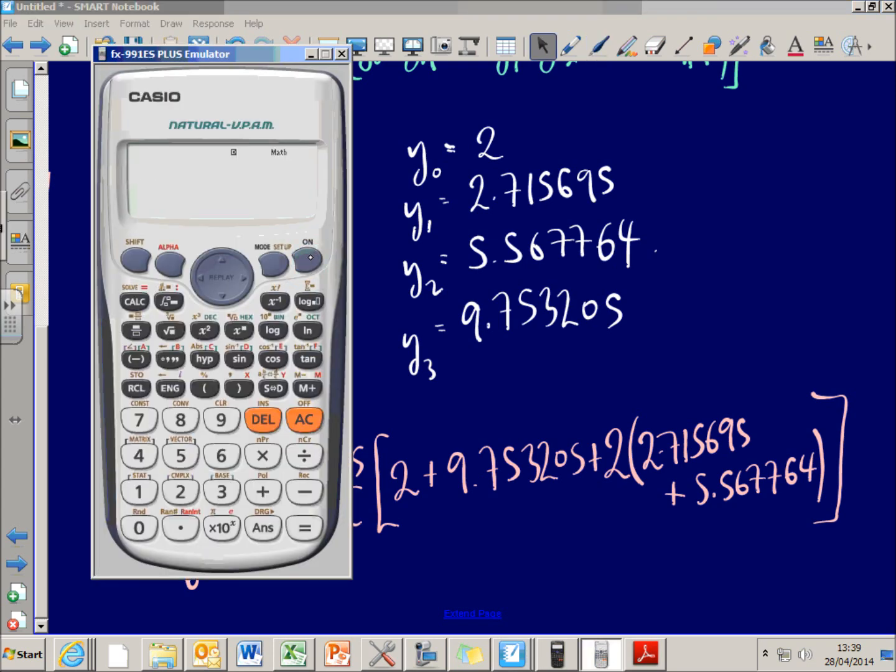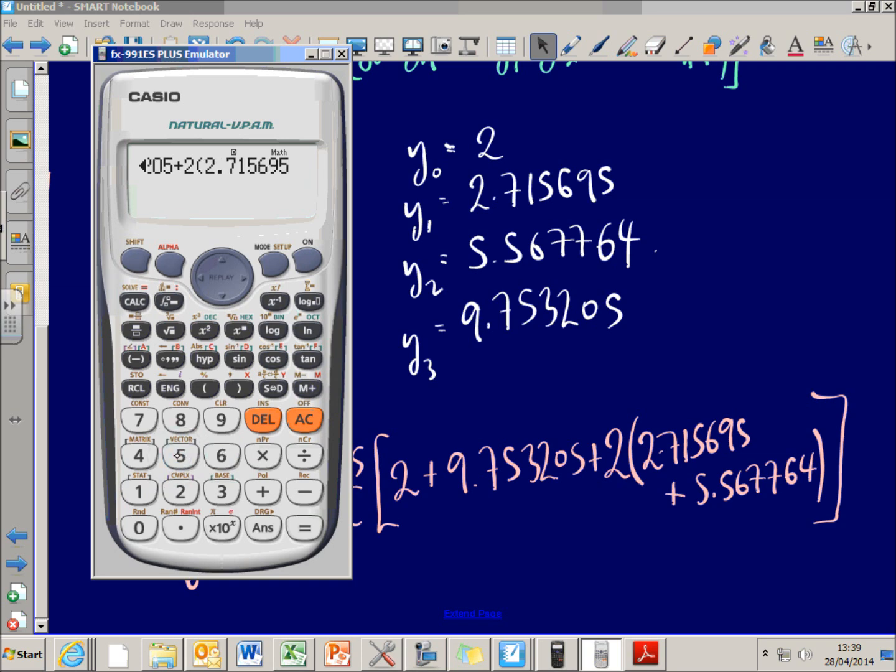I'm going to do this bit in the bracket first, so it's 2 plus 9.753205 plus 2 lots of 2.715695.